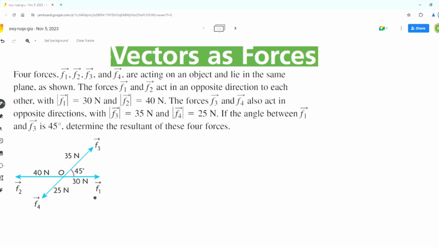So in this problem, we have to find the resultant of these four forces, and whenever we have to find the resultant of three or more forces, we should use the component method because it's easier to use. So let's start by preparing a chart for these four forces and writing out the x and y components of these four forces.